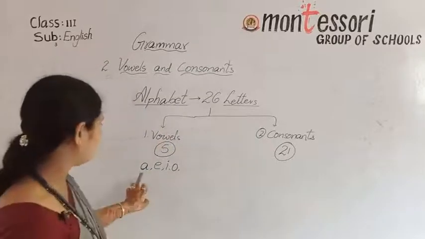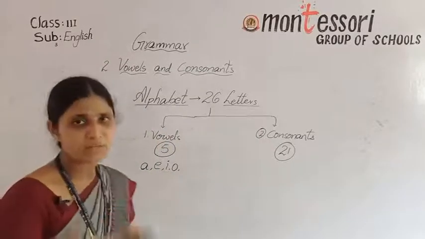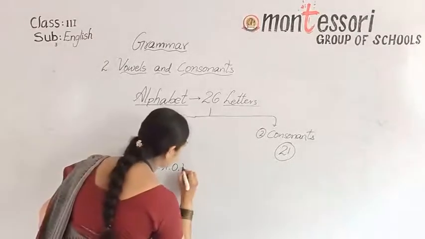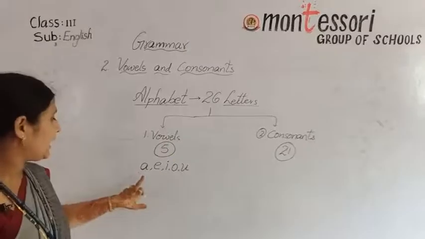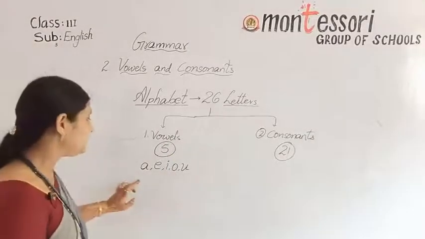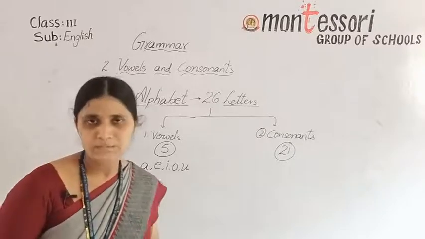See, 1, 2, 3 and 4 only we got. We have one more vowel. What is that? U. Very good. Look here. A, E, I, O, U. See, these 5 are vowels.